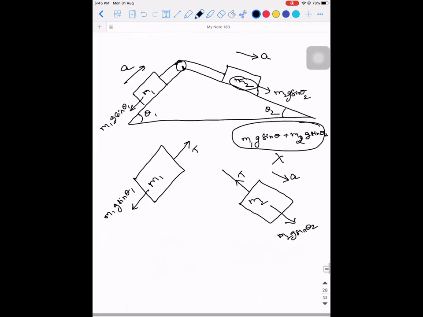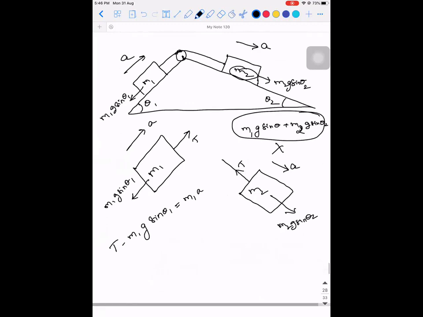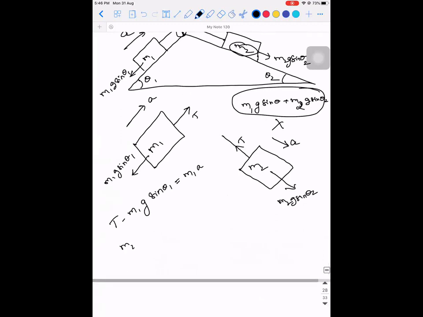Okay, sir. Tell me. T minus m1g sine theta 1 will be equal to m1 into a. Correct? Similarly, m2g sine theta 2 minus T will be equal to m2 into a.